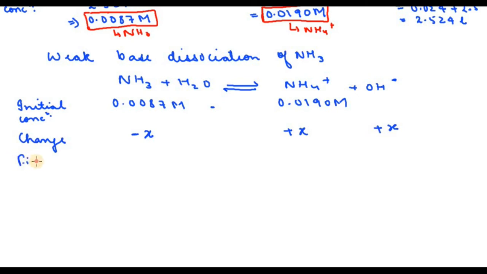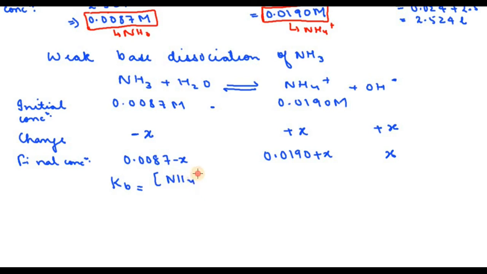So we calculate the final concentration here. It would be equal to 0.0087 minus X for NH3. For ammonium it would be 0.0190 plus X, and for OH- it is X. So let's write the expression of Kb here. We know Kb is equal to the concentration of products over the concentration of reactants.